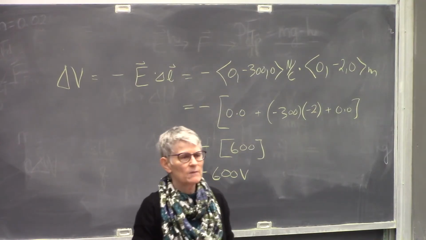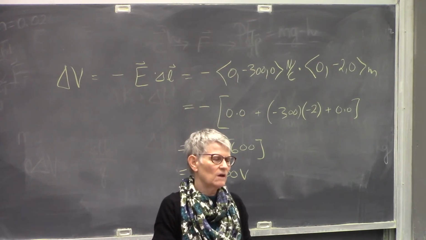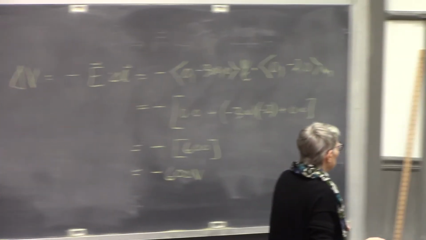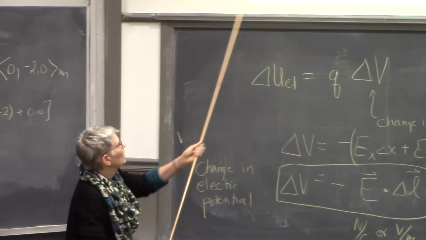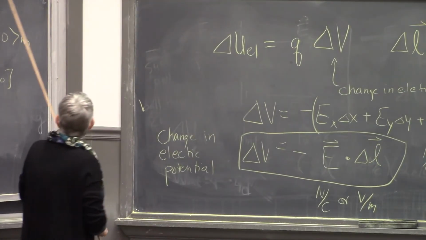Okay, so that's what I meant by being super careful about signs. And being careful about the sign has two aspects to it. One is you have to be careful about the sign of the component of electric field. But the other is you really have to be careful about the path.